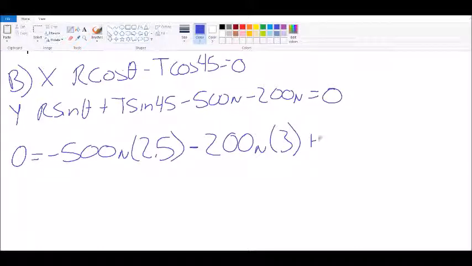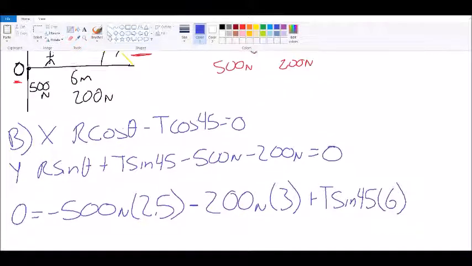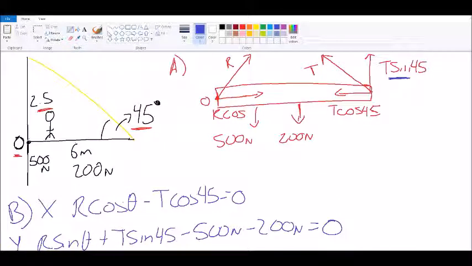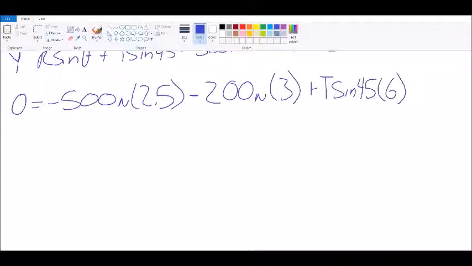And then we're going to add tension sine 45 and multiply it by 6 because tension is at the end of the beam, and the total length of the beam is 6 meters. So that's why we're multiplying by 6. And once you put all of these together, T is going to eventually come out to equal 436.05 newtons.